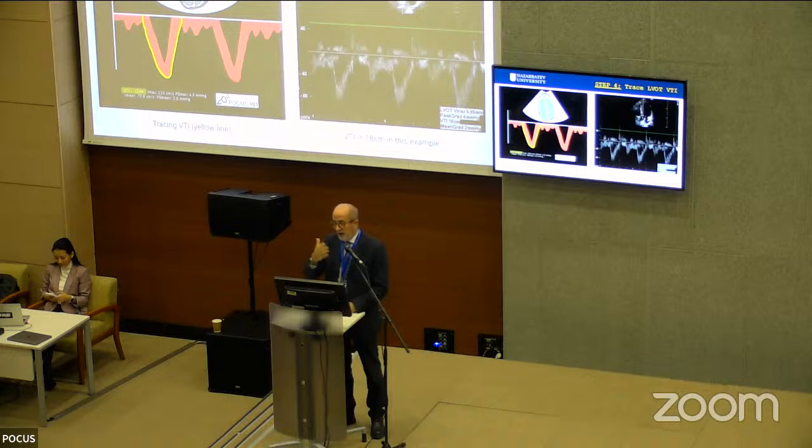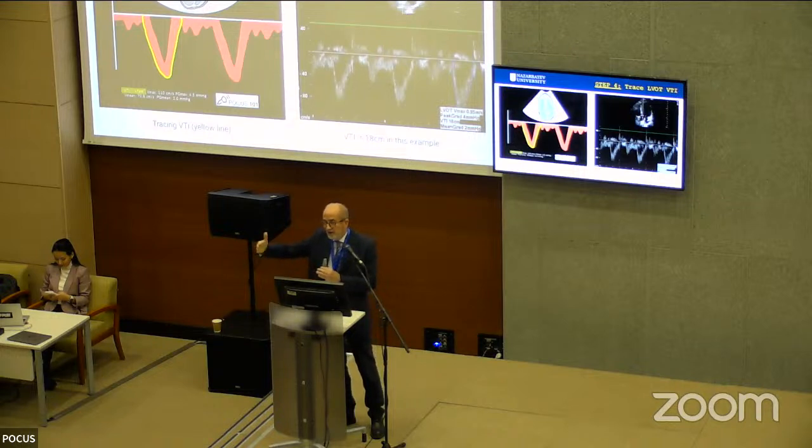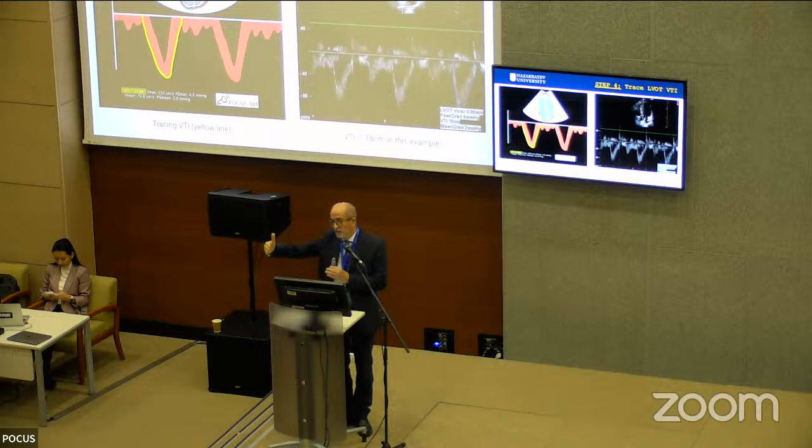So we have the area by diameter, and then we have the height by the VTI, that is centimeter. This is why it's a centimeter, because it's the distance of the blood that is going out within one cardiac cycle.